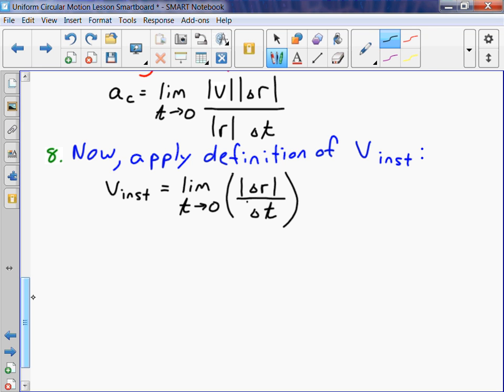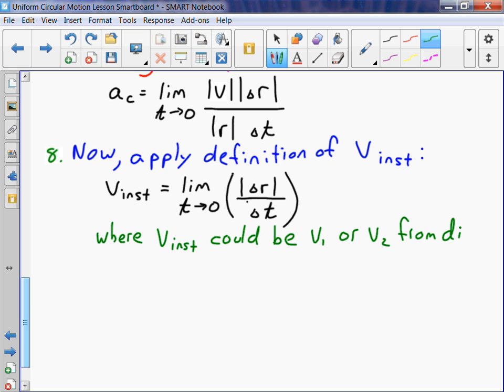Just like we could define instantaneous acceleration as the limit as t approaches 0 of delta v over delta t, if we take the change in position divided by the change in time, then we get the instantaneous velocity, which could be v1 or v2 from our original vectors. So the neat thing about properties of limits is you can break them up, okay?